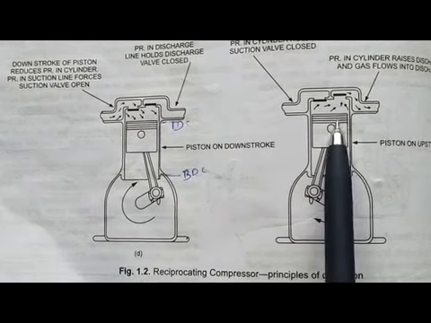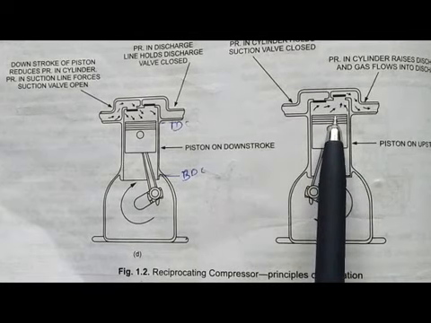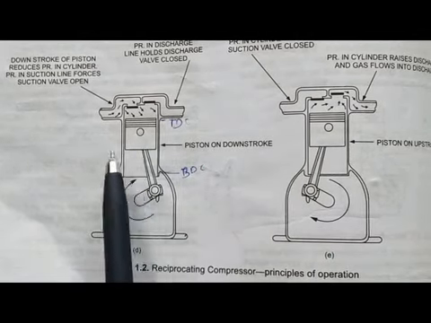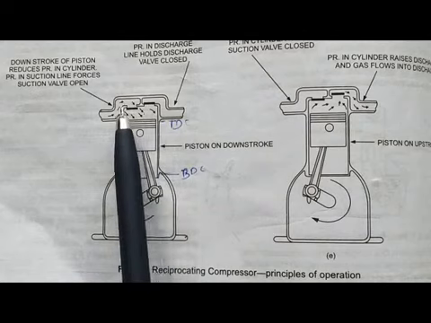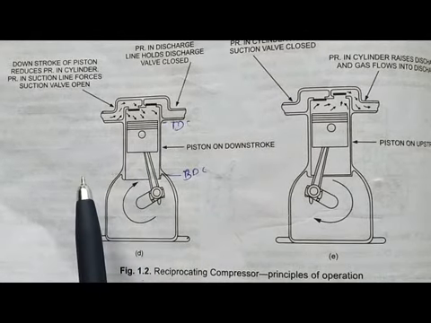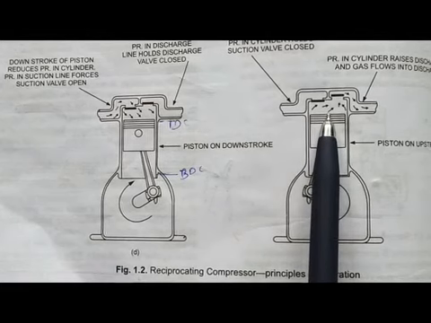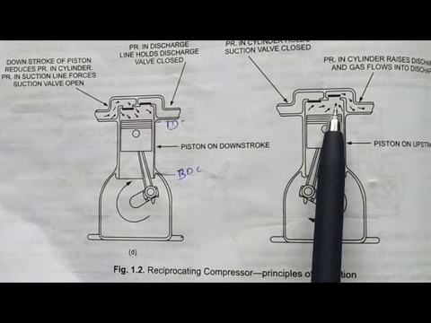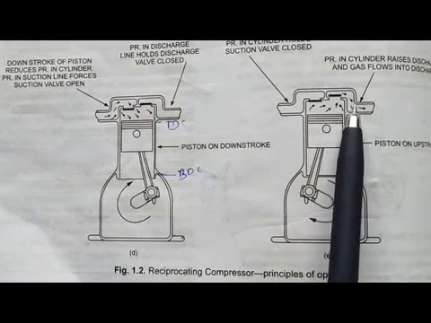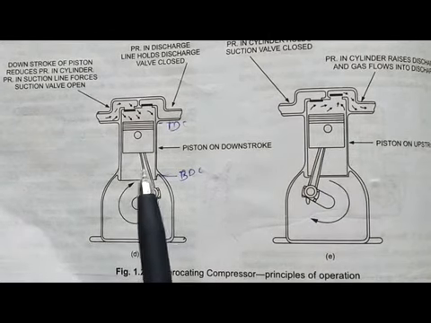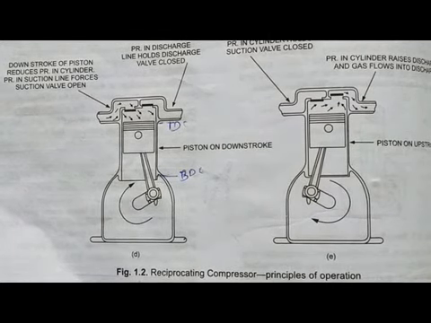This is the second process, the compression process. The first is basically the suction process, where the piston is coming downward and sucking refrigerant vapor, and this is the compression process where the pressure is raised by the piston, and the refrigerant comes out from here, the exhaust port. So this is the basic operation.